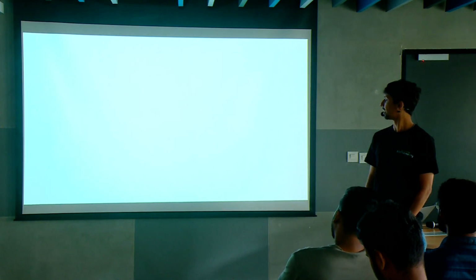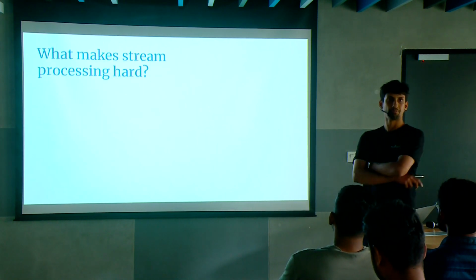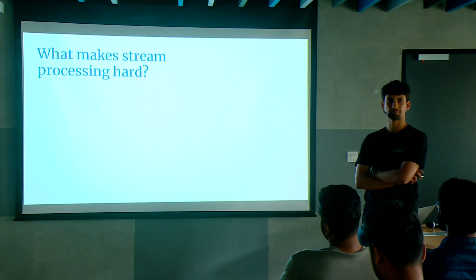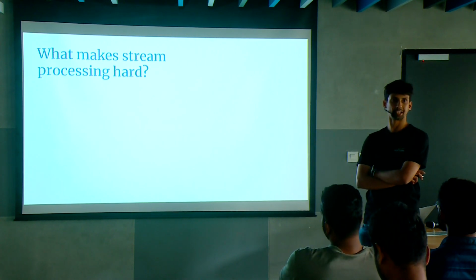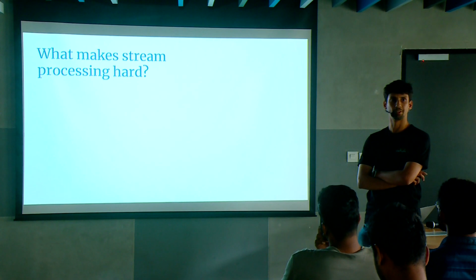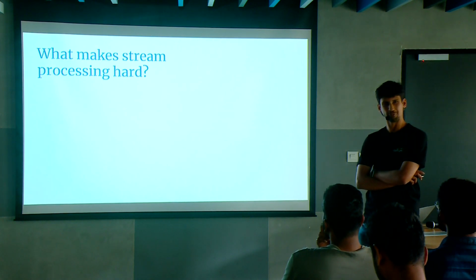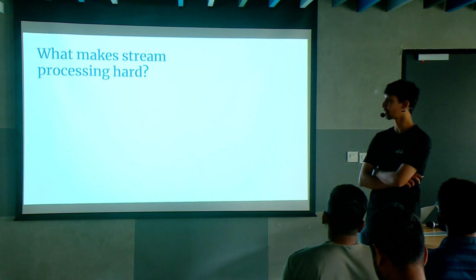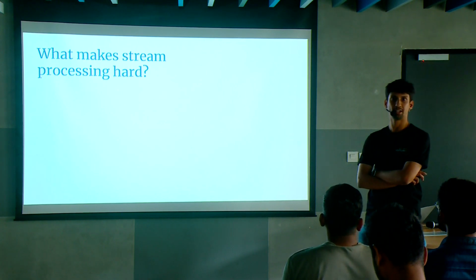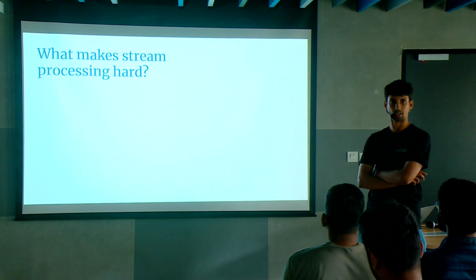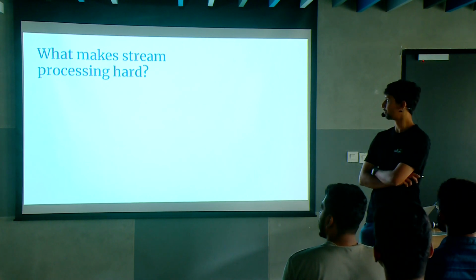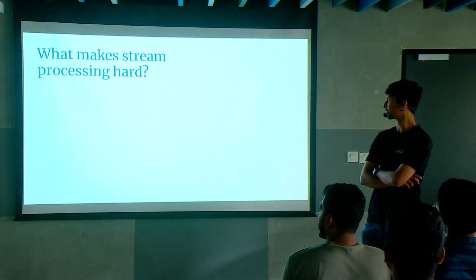So with that context being said, we'll talk a little bit about why stream processing is actually hard. And when we say we want to get insights out of the data in a few seconds time, what are fundamentally the constraints, both computationally as well as in other ways, that make this hard.